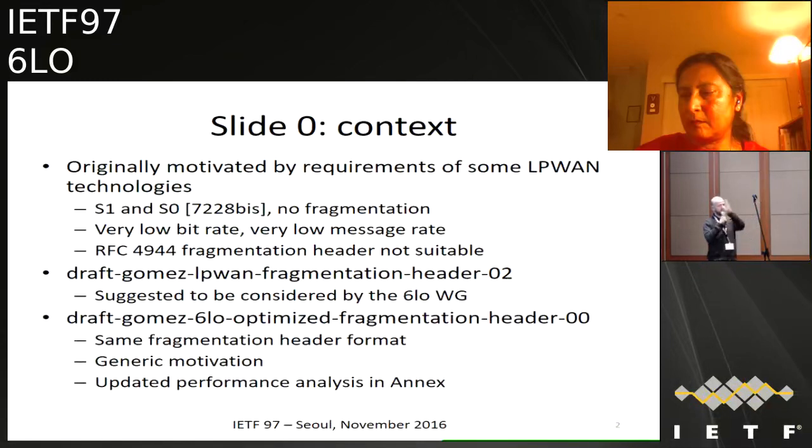And the other comment was that this exact same format could be considered by the 6LoWPAN working group since it is using the 6LoWPAN dispatch field, and it's using 6LoWPAN dispatch values which are currently available. So this document is presenting the same fragmentation header format as in version 02 of the LPWAN document, however, with a generic motivation which is not specific for LPWAN and some updated performance analysis in the annex.